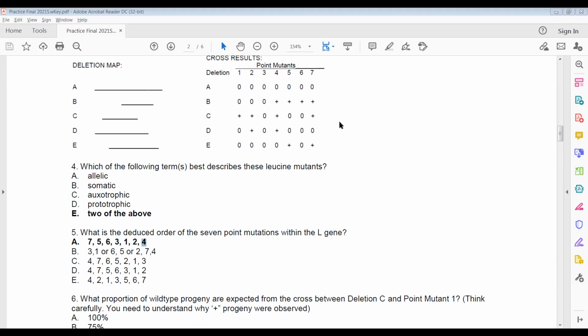Then if we cross the two mutants like this, the chance to see prototrophic progeny appearing from this cross will be significantly increased. So it depends on the distance, right?